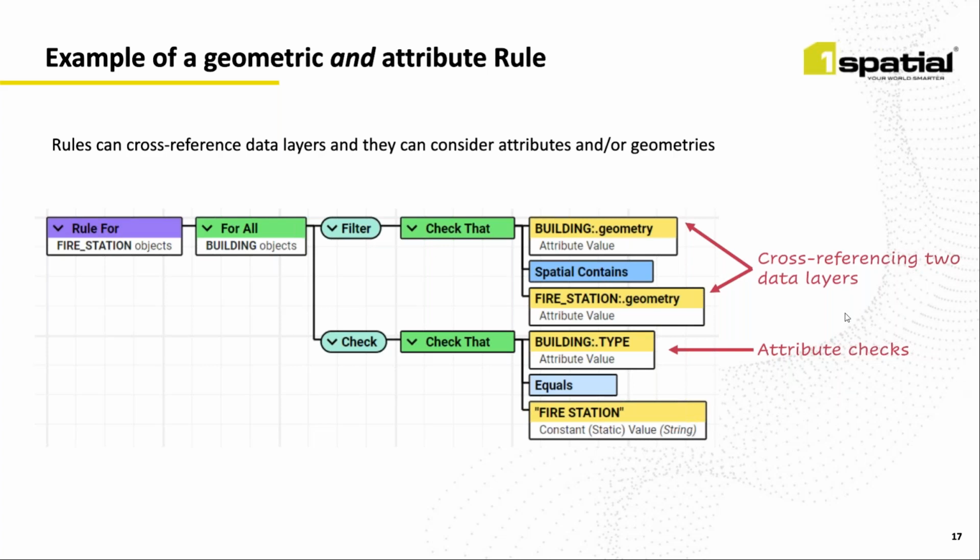So as we see here, we are cross-referencing our building features against our fire station features, and up here we're looking at geometries, but down here we're looking at attribute values. In this instance, it's the building value called type, and we want to check that the value of the attribute type equals fire station.